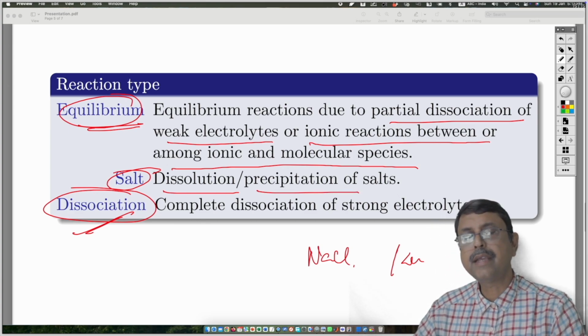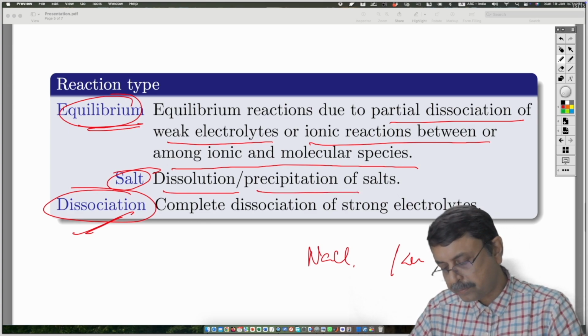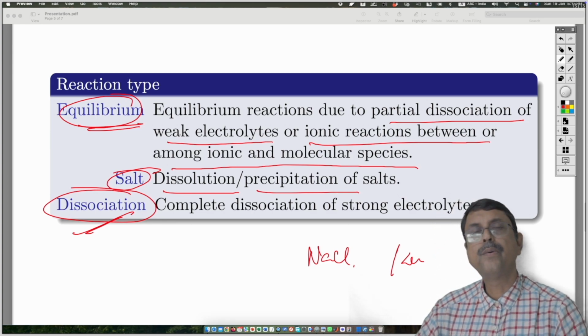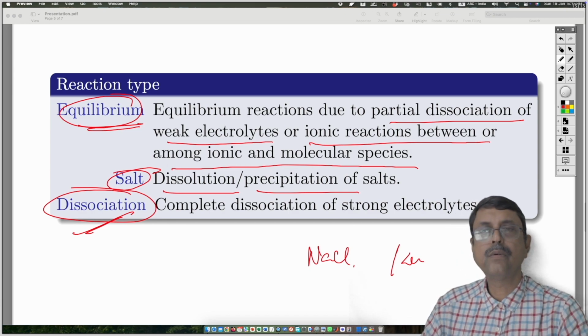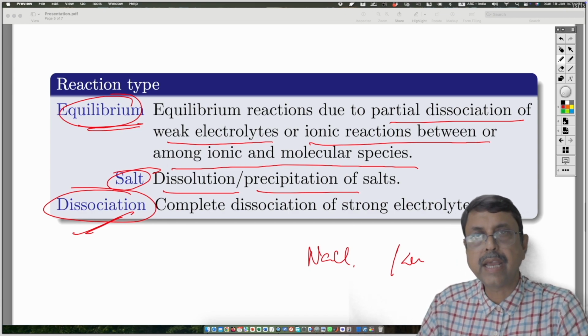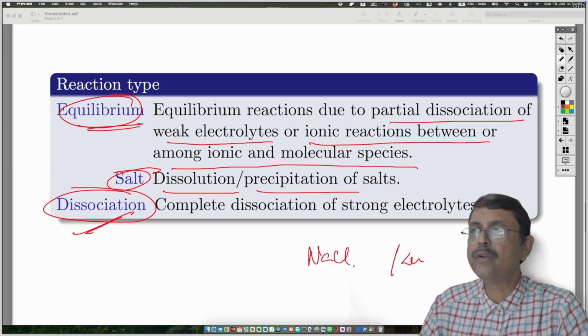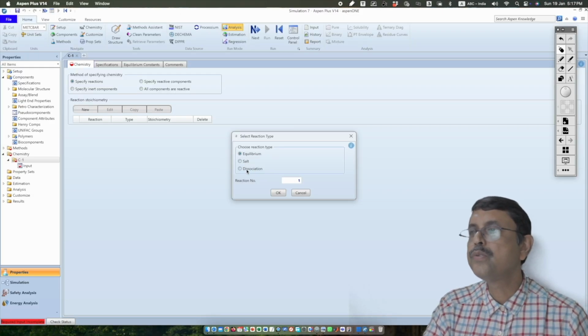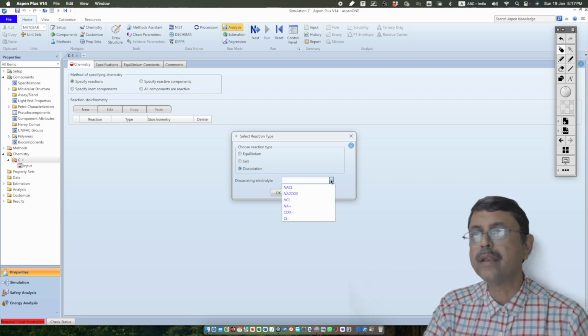So these are three kinds of reactions: equilibrium, salt, and dissociation. Whenever we define the reaction type, we have to say equilibrium, salt, or dissociation. Now, if we choose dissociation, then we have to choose the dissociating electrolyte as well.